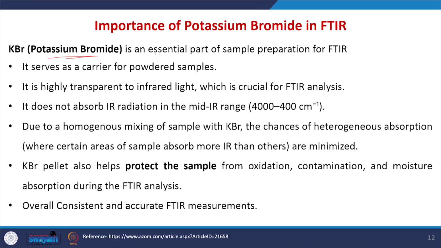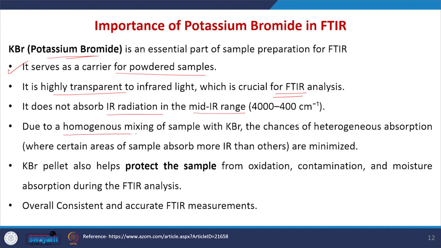In the traditional FTIR, we have to use potassium bromide for preparing the sample. Let us see the importance of potassium bromide in FTIR. The potassium bromide is an essential part of the sample preparation for FTIR. It serves as a carrier for powdered samples. It is highly transparent to infrared light, which is crucial for FTIR analysis, and it does not absorb the IR radiation in the mid IR range.